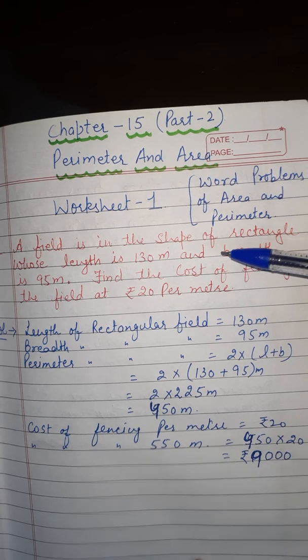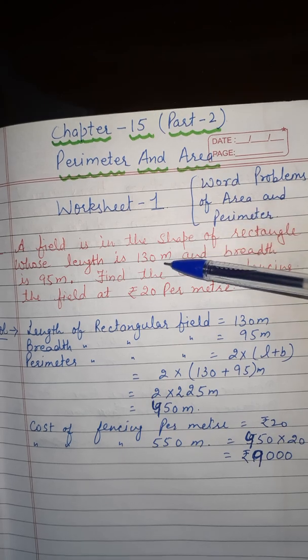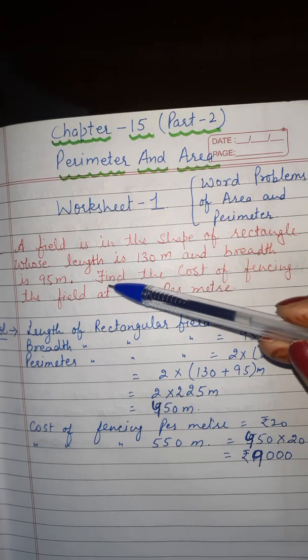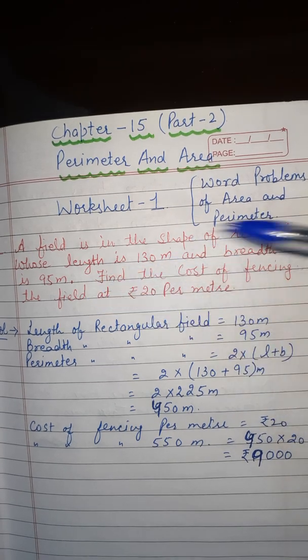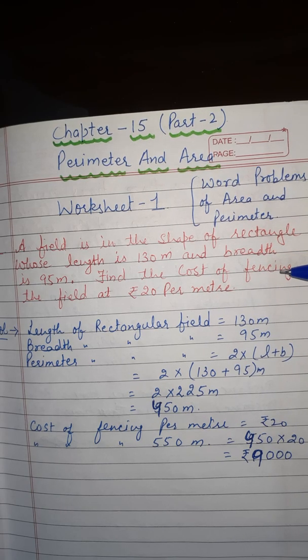So here in this question, the field has dimensions 130 meter and 95 meter, and the working is fencing. We know that fencing is done on the boundary.